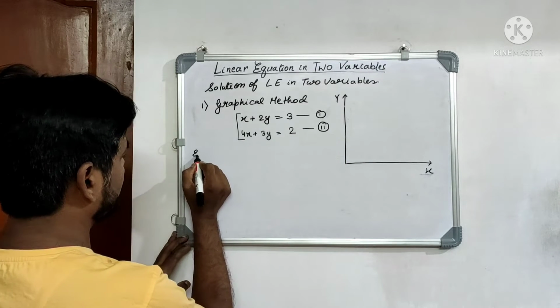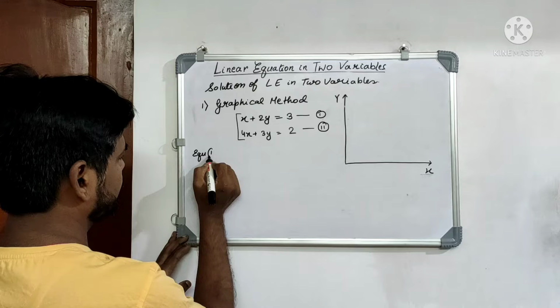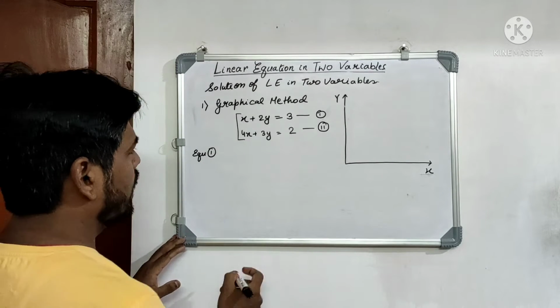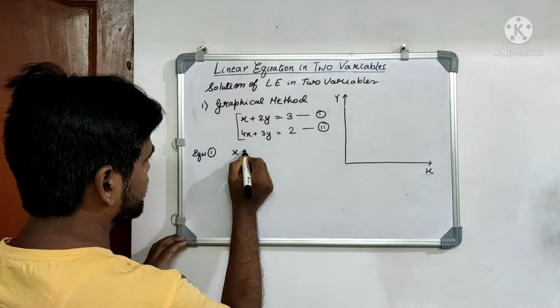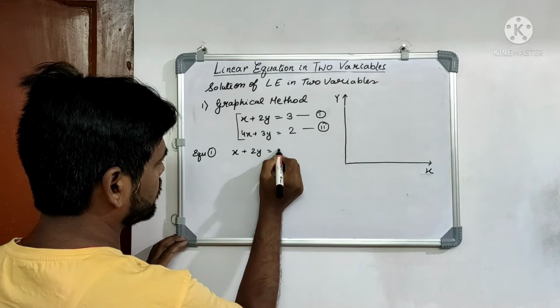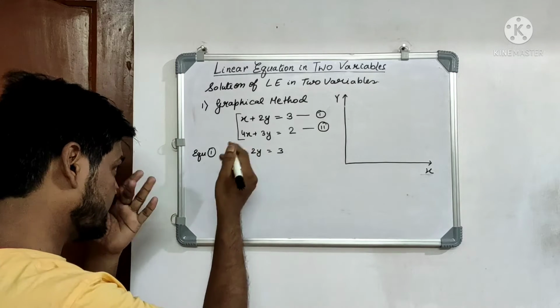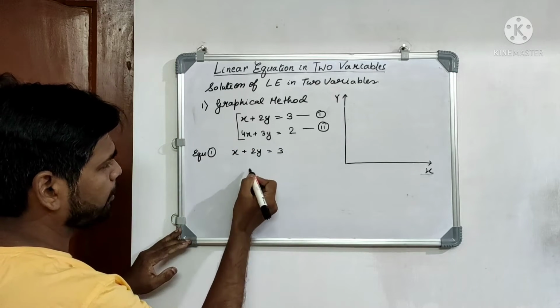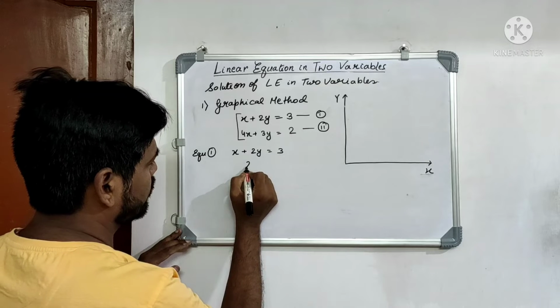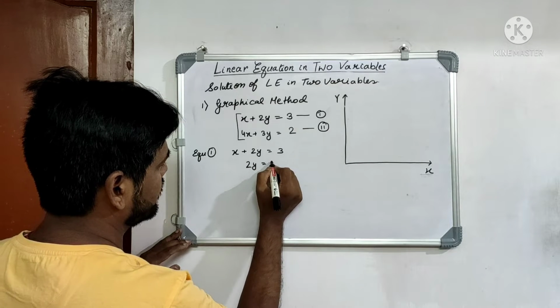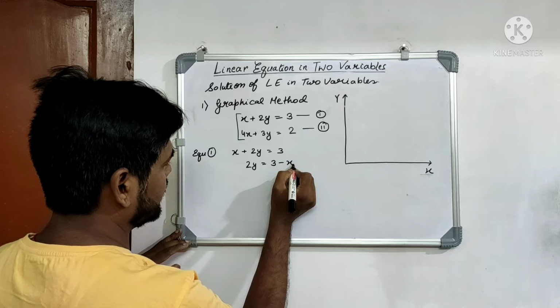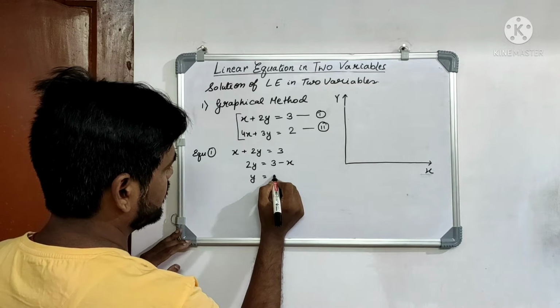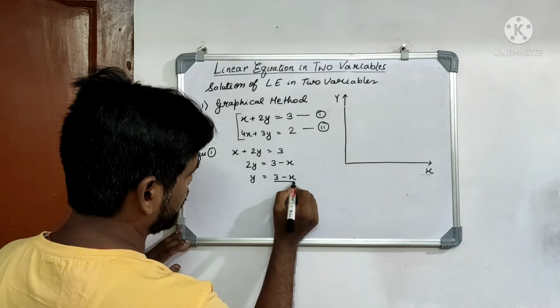So for equation 1, the equation says x plus 2y is equal to 3. For this, let us obtain the value of y as 3 minus x, so y would be 3 minus x upon 2.